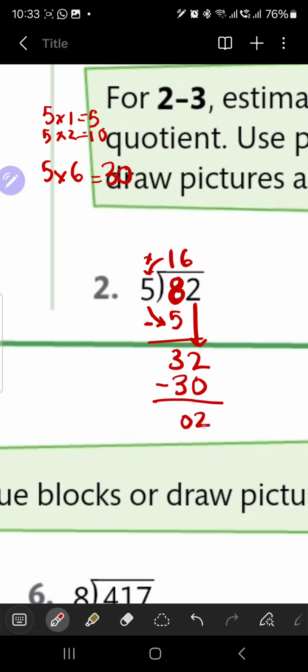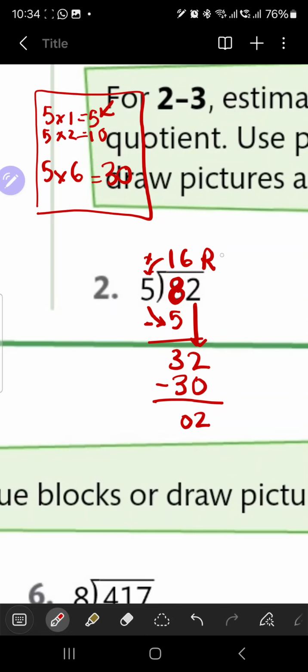Now I got 2. 2 now is less than 5. So I cannot find 2 in the timetable of 5, you know. The timetable of 5 is starting with 5, which is bigger than 2, right? So I cannot divide a smaller number over a bigger number.